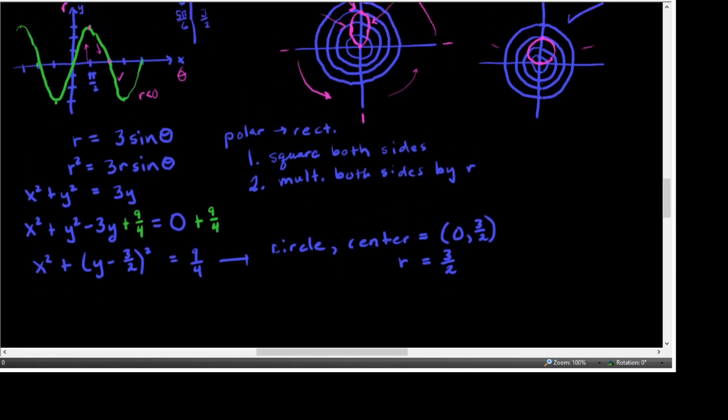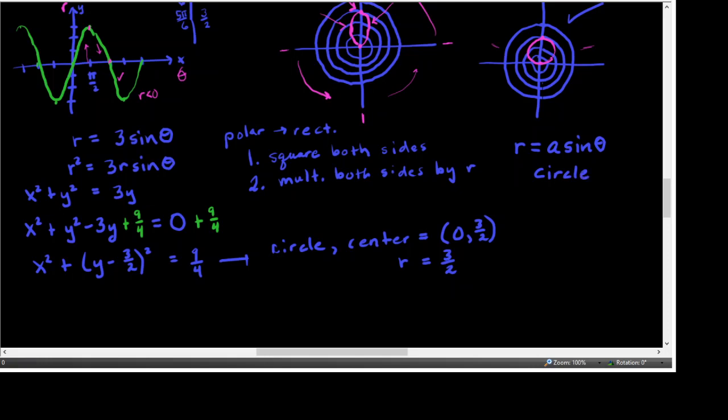Doing all that, completing the square and then graphing, I think is a lot more work than if you just learn this, and this is something I really pay attention to: whenever you have r equals a constant times sine theta, like a sine theta, it's always going to graph as a circle.